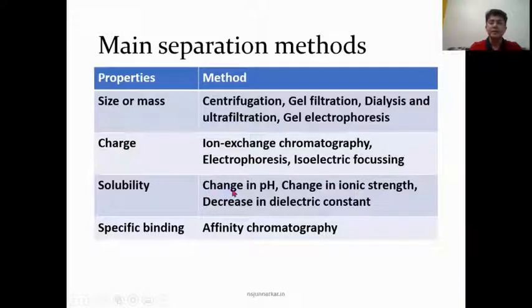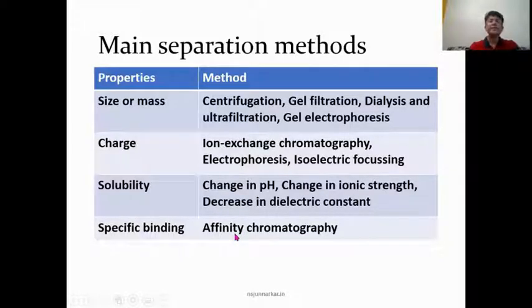Whereas the change in pH, change in ionic strength, decrease in the dielectric constant for causing the precipitation of the protein, that makes use of the solubility characteristic of the proteins. Whereas affinity chromatography makes use of the specific binding of the protein to particular resins.